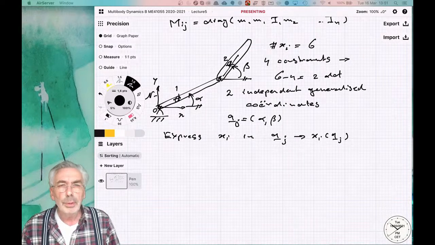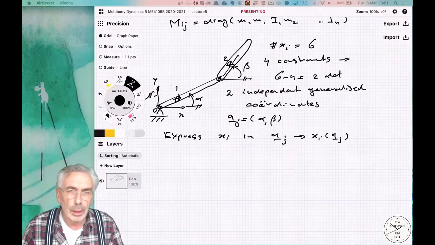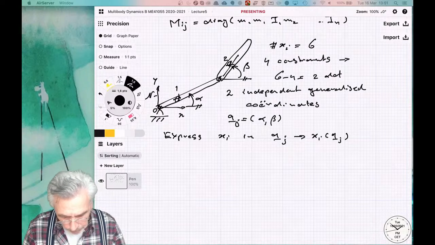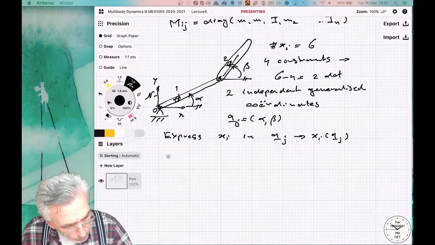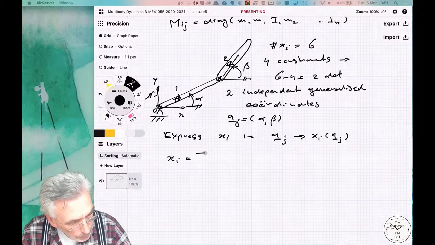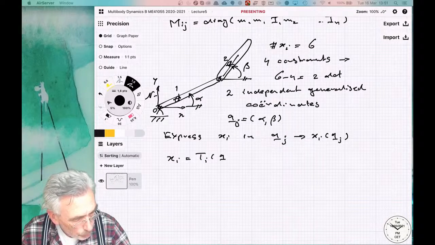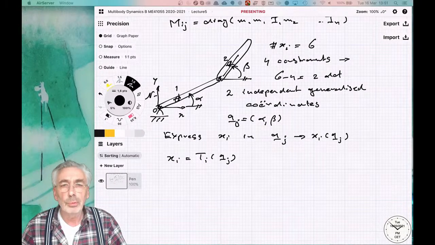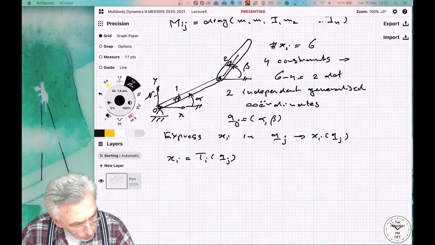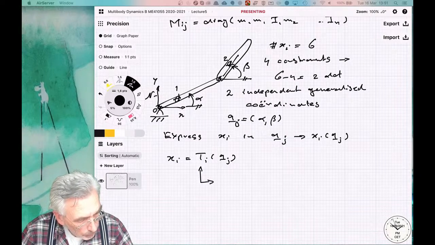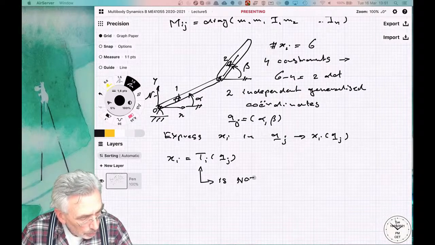For now I want to be very specific that that is a set of functions we define. So I'm going to write it as xi is ti of qj. Now this is of course super confusing, because this t is not kinetic energy.